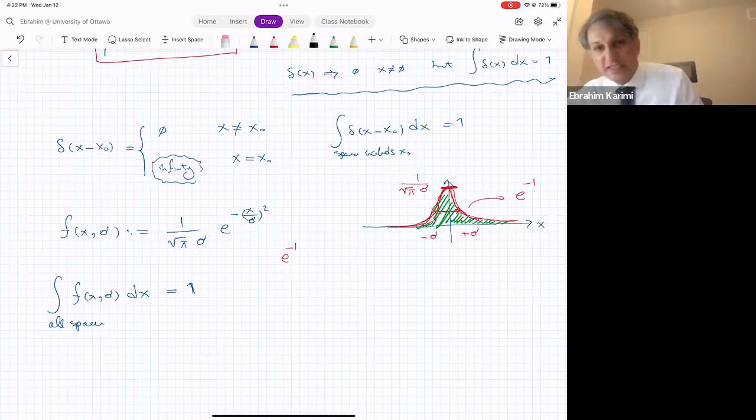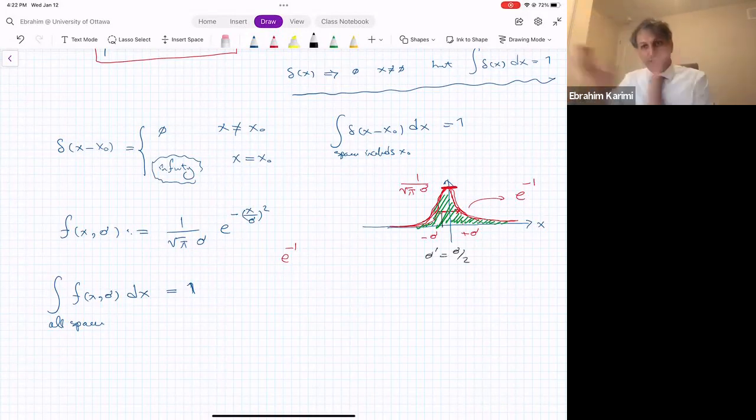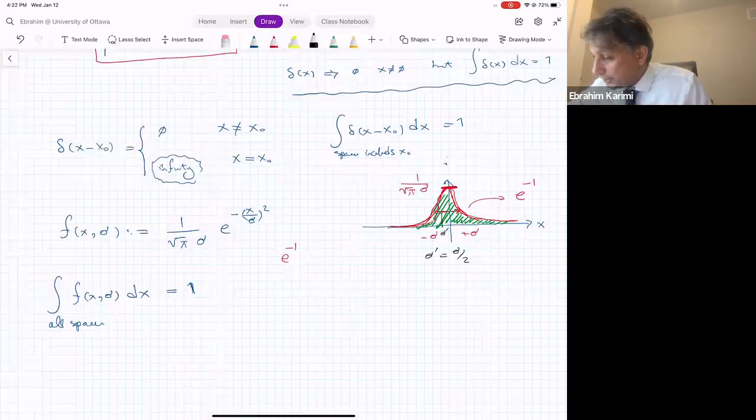For example, if sigma is scaled down to half of the previous sigma, so sigma prime is equal to sigma divided by 2, then the height will increase by a factor of 2. So the height will go here, and the peak will be something like that.